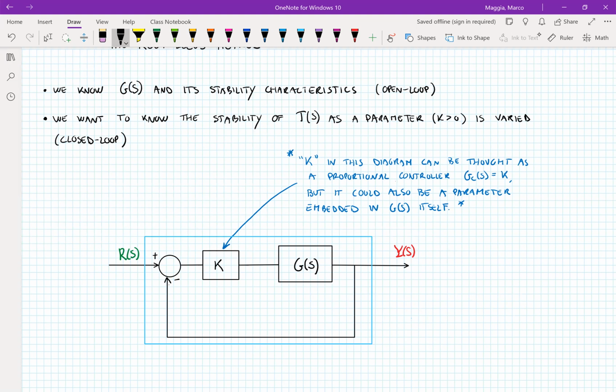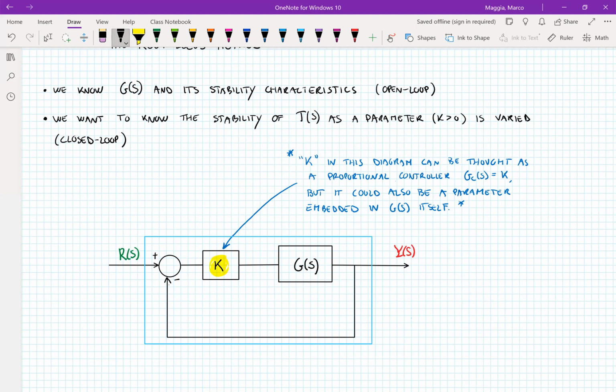Proportional controller is simply a gain K. Now, the objective is we want to find the stability characteristics of the closed loop transfer function as this parameter K varies.